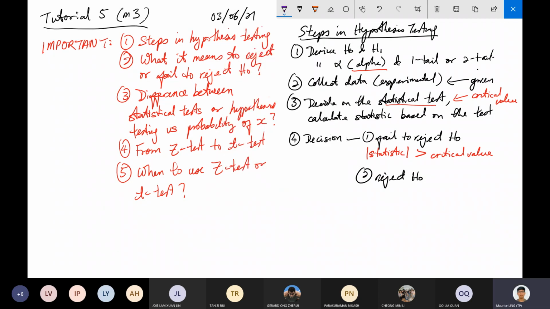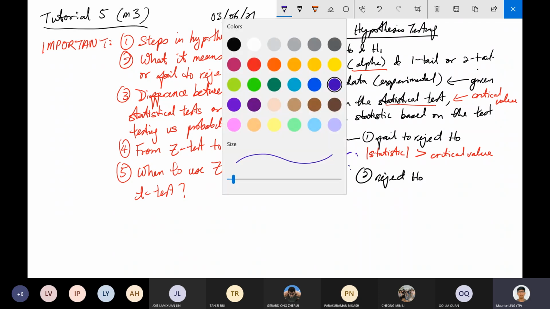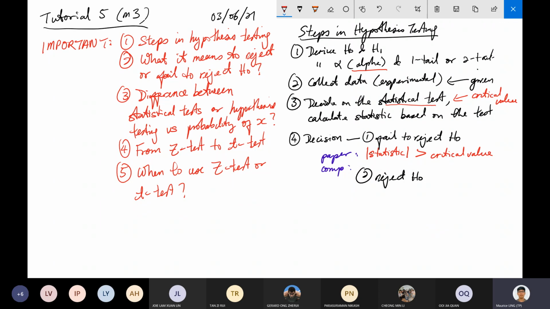This is for your paper calculation. For your computational calculation, you use something different. It will be that the p-value is larger than the alpha value. To reject the null hypothesis will be the opposite.